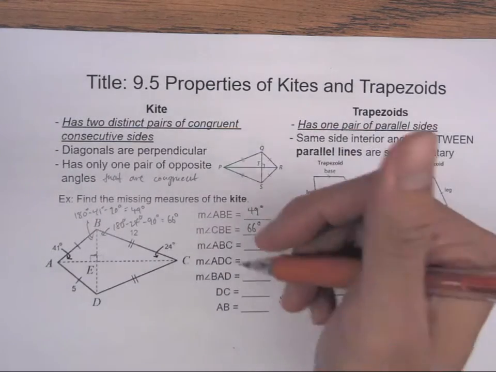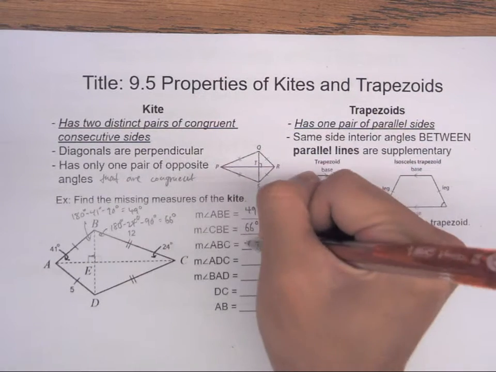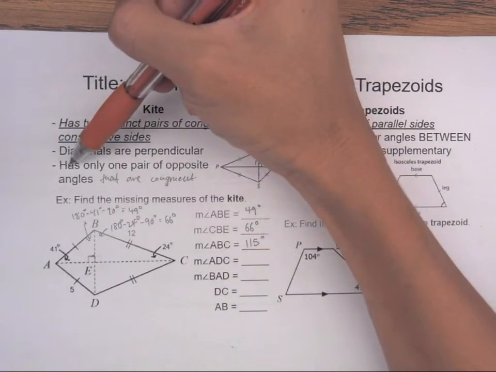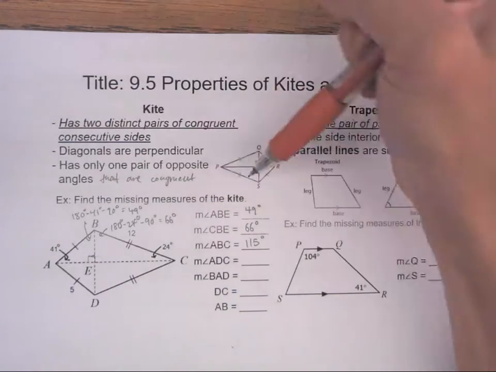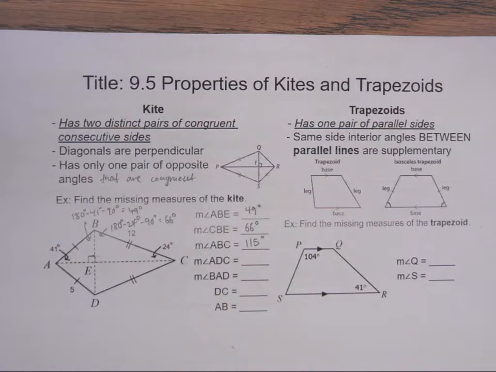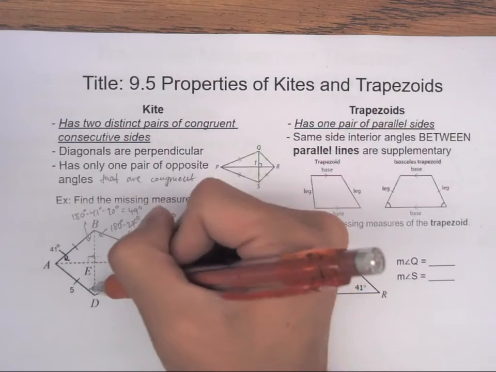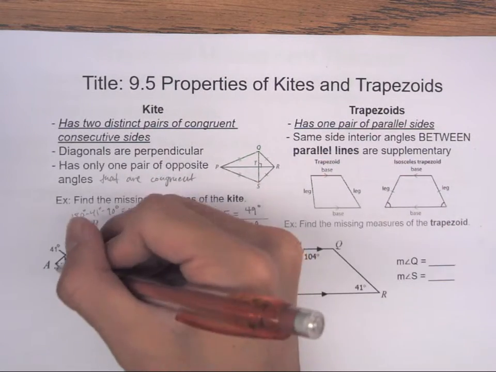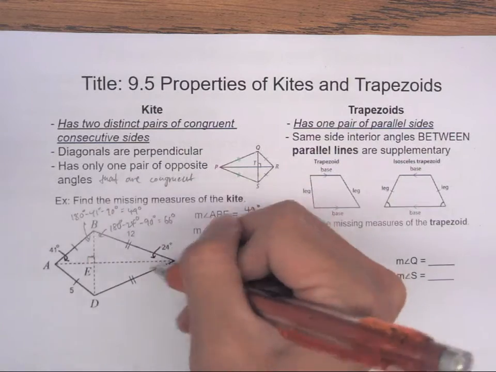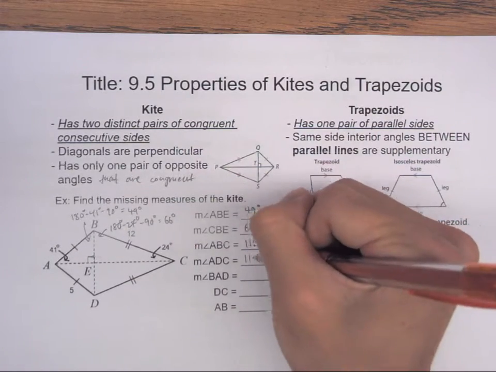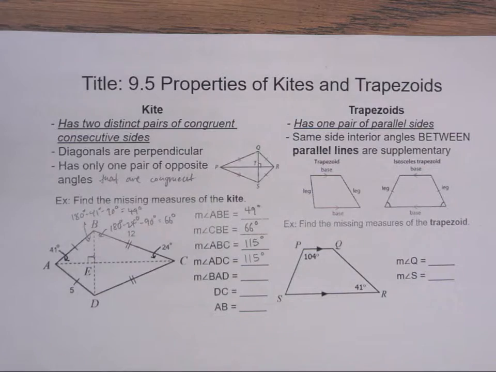So the measure of angle ABC is 115 degrees. Next, it says a kite has only one pair of opposite angles that are congruent. So angle ABC is congruent to angle ADC, so this is also 115 degrees.